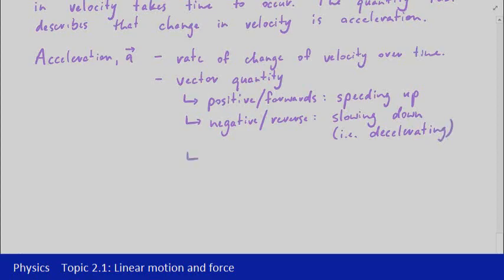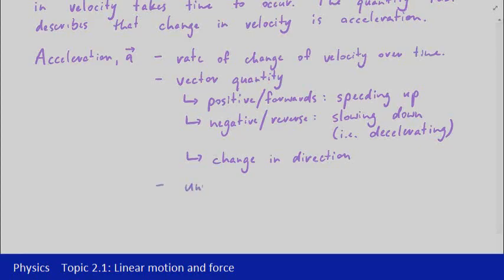There's another type of acceleration that we'll look at in subsequent units. I'll just mention it now. We can have an acceleration that causes a change in direction. So the first two, positive and negative, is about whether the object is speeding up or slowing down in a given direction, but an acceleration can also cause a change of direction.